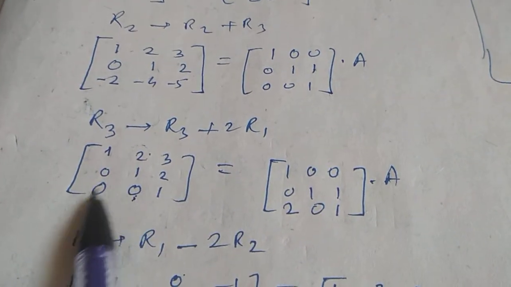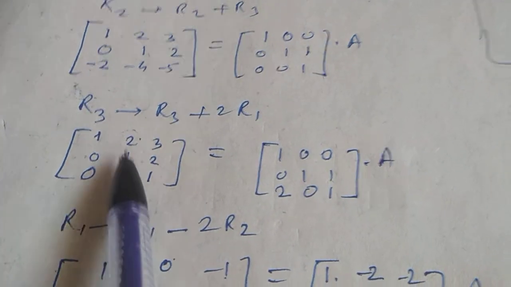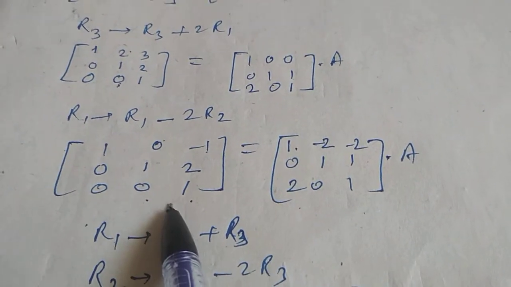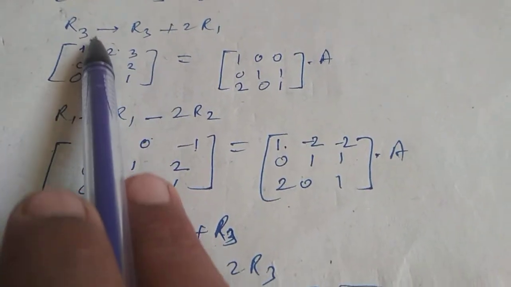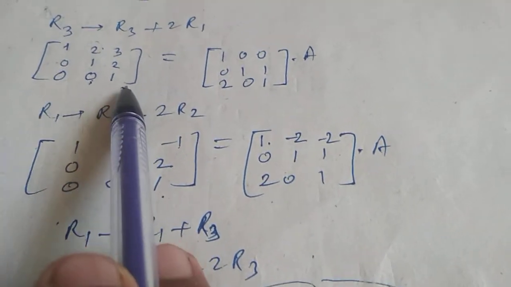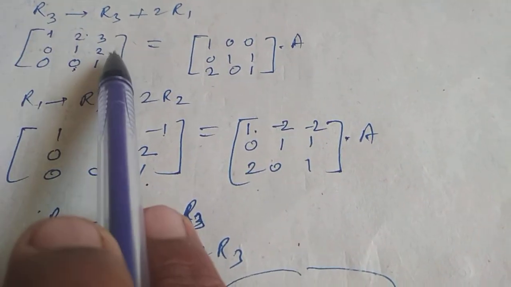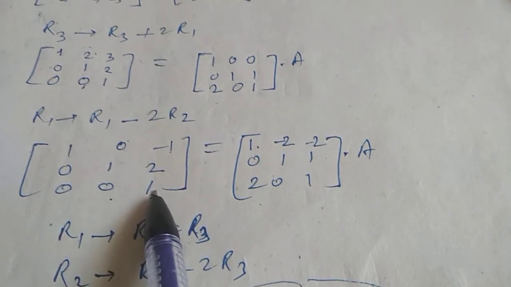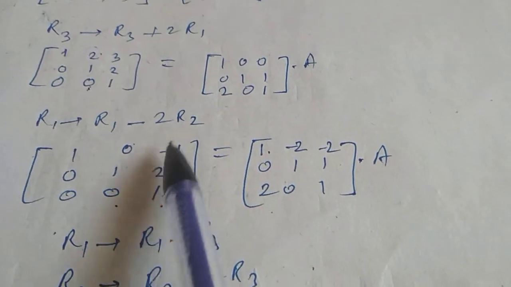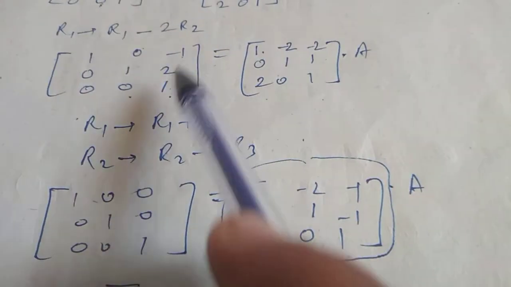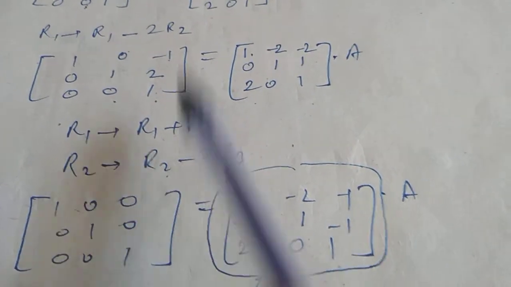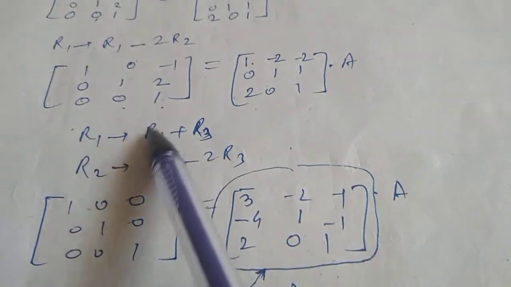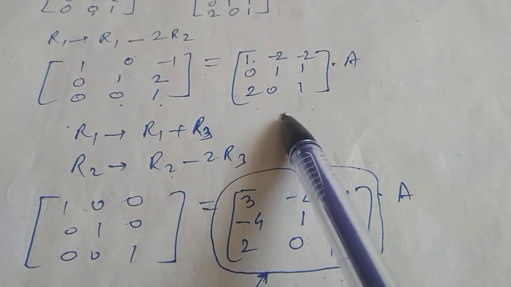Then automatically this element comes as 1. Then these two elements must be 0, which we have followed properly. After accomplishing the first two columns, we need to focus on the last element of the leading diagonal. We have to bring 1. Already we have got 1. Then these two elements must be 0. That can be obtained with the help of these two operations, and corresponding operations you should do here.